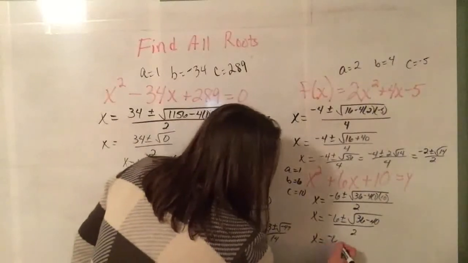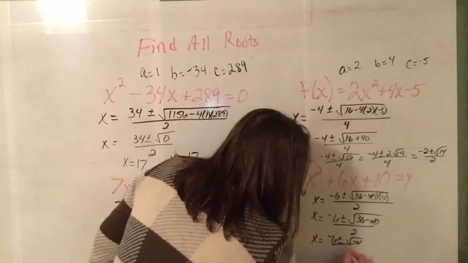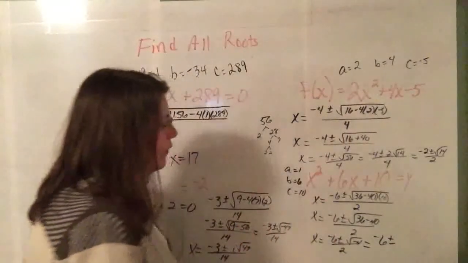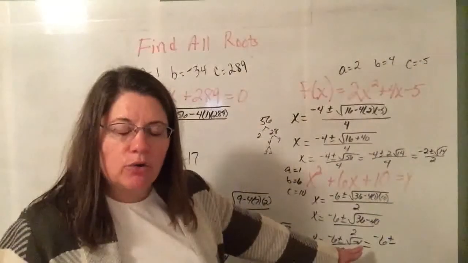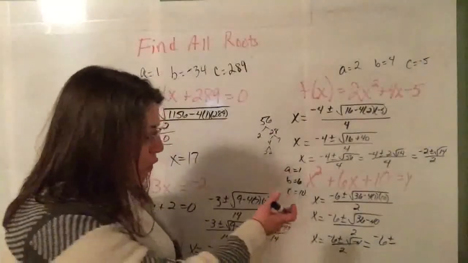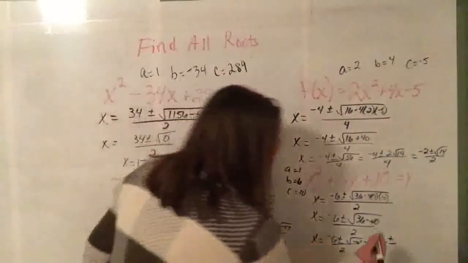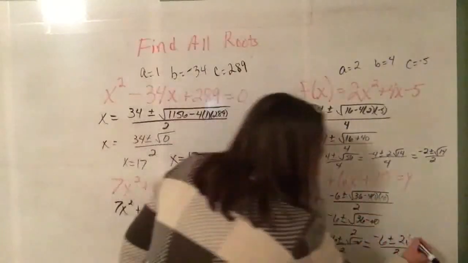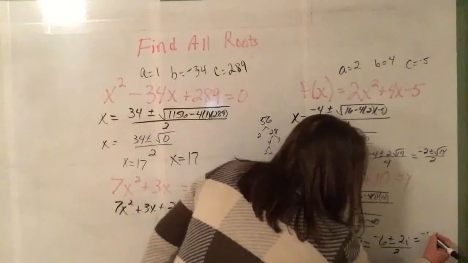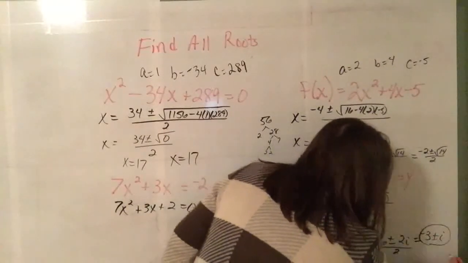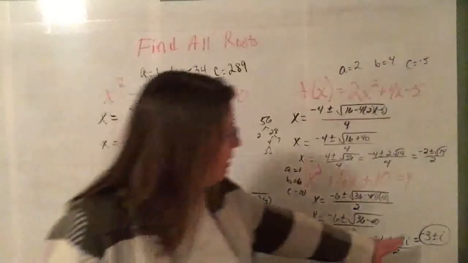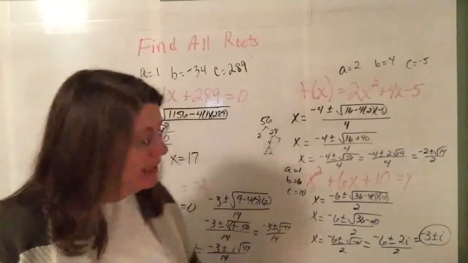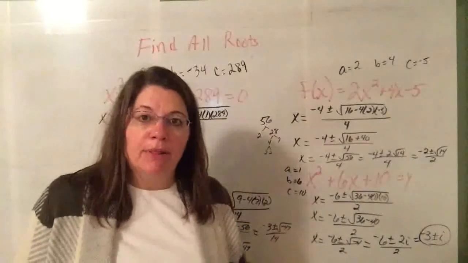So I have x equals negative 6 plus or minus the square root of negative 4 all over 2. And then that can be simplified. Negative 4 has a negative under the radical, so we can take out the i, and 4 is a square number, so we can bring out a 2i. So we've got negative 6 plus or minus 2i all over 2, and that can be simplified. 2 goes into all of those, so that is negative 3 plus or minus i. Again, we do have 2 roots there, negative 3 plus i, negative 3 minus i. It's okay to leave it negative 3 plus or minus i. In that one, we have 2 complex roots.